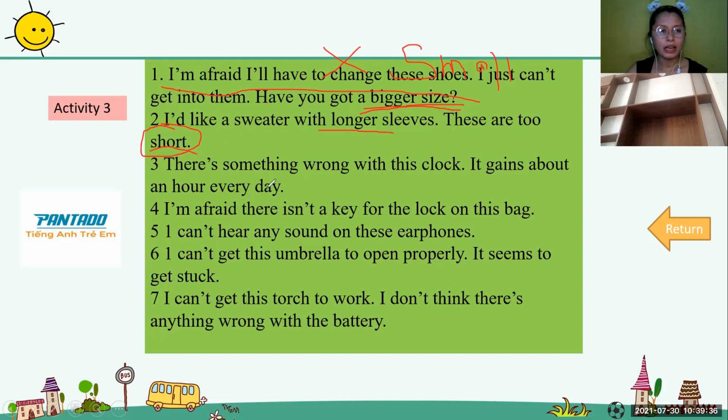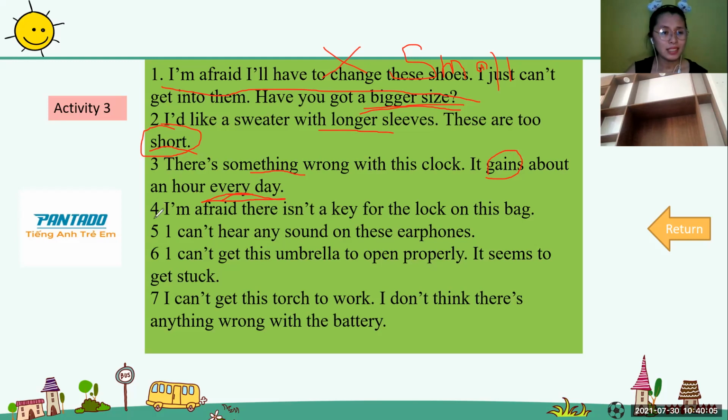It gains about an hour every day." So there is something wrong, because when you say gain, the clock is always changing the time. Every day, it will be advanced an hour.